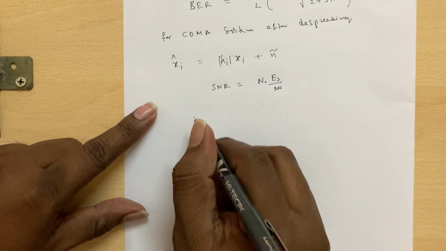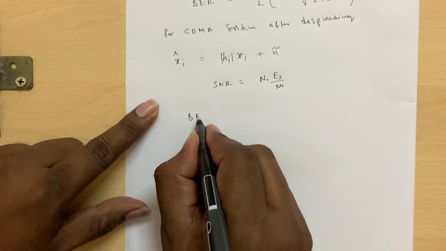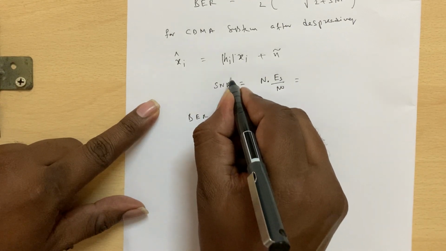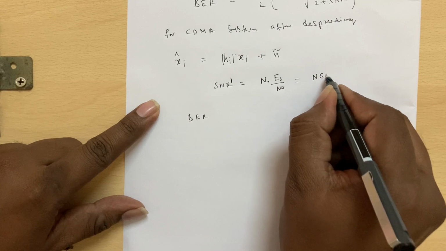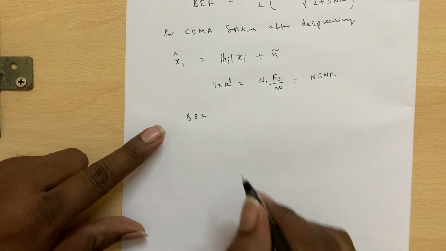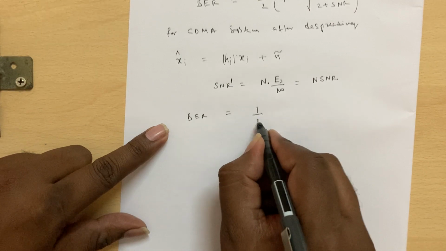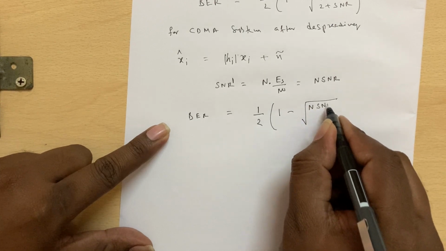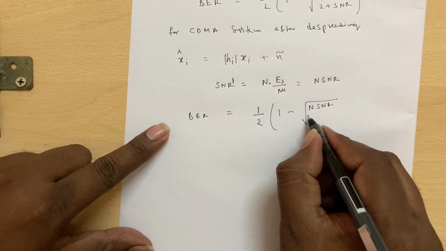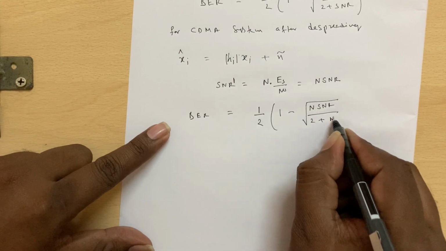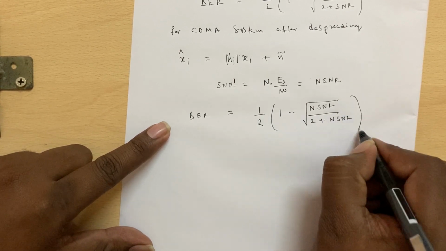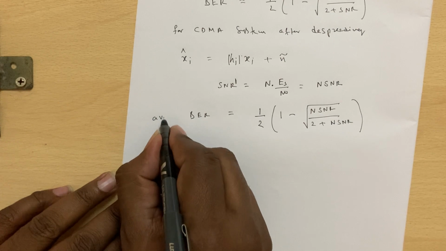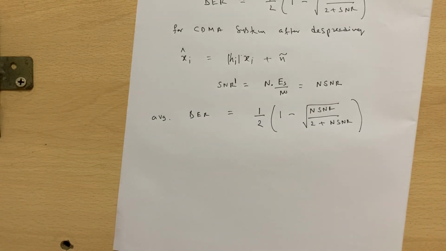So the bit error rate performance of the CDMA system, with SNR dash, will be N times the SNR of SISO communication. So the bit error rate for the single user CDMA system will be 1 by 2 into 1 minus square root of N times the SNR, meaning E_s by N0, because noise is reduced by a factor N. Thereby we can multiply N with the SNR in the expression of average bit error rate for the Rayleigh flat fading channel.